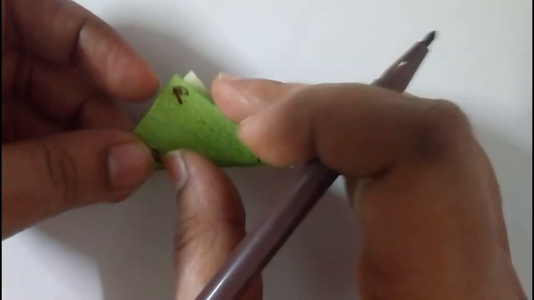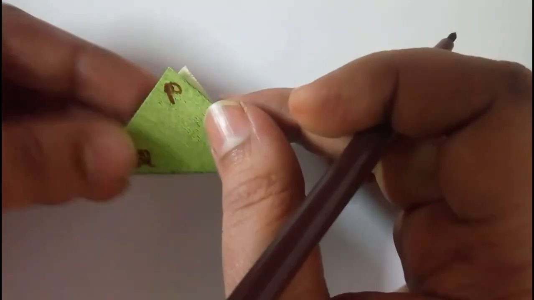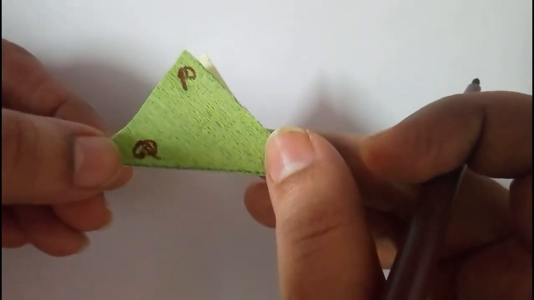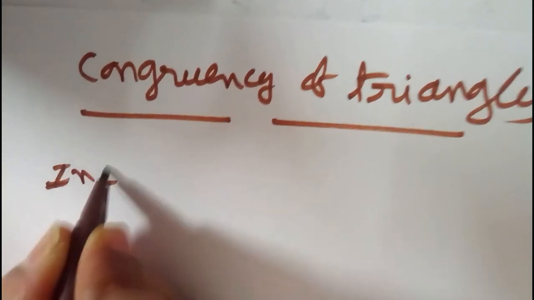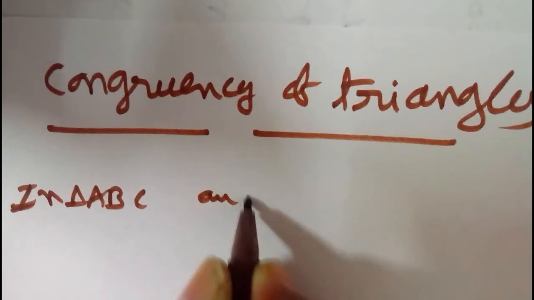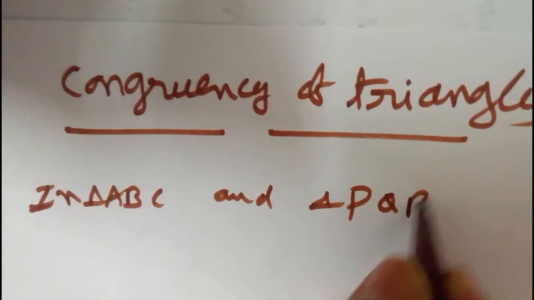If you superimpose triangle ABC on triangle PQR, this ABC exactly coincides with the triangle PQR. Now which parts are the coincident parts in triangle ABC and triangle PQR?